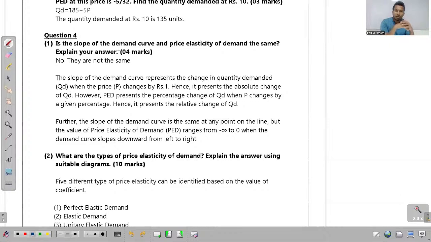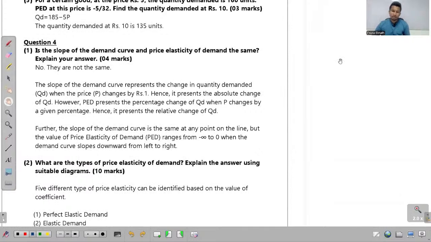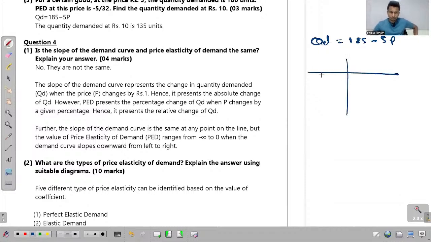And on the other side, you have the slope. And we haven't discussed the slope of the demand curve. So what is slope? Slope is this term B in the demand equation. Now, for example, if you develop the demand equation as QD equals, we'll take that previous one, 185 minus 5 times P. And we found that when the price is 10, this is 135.